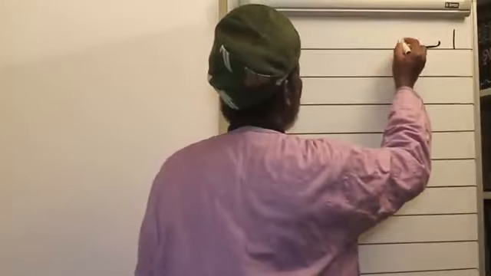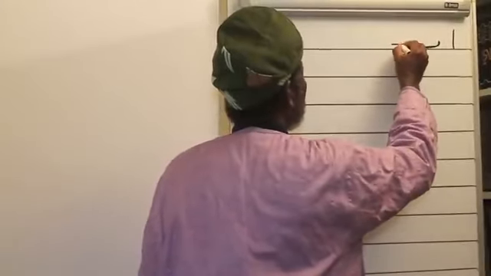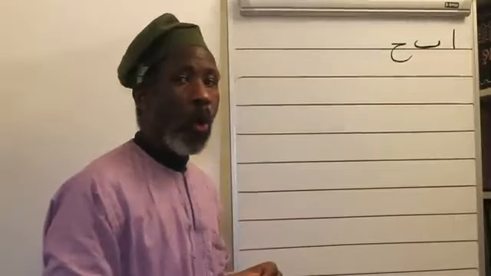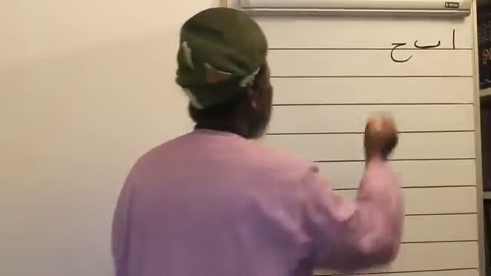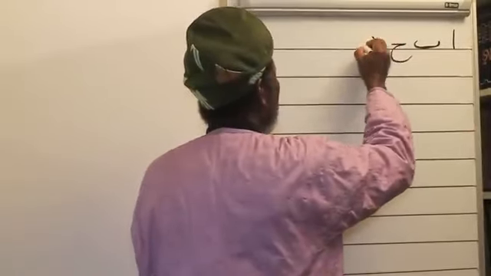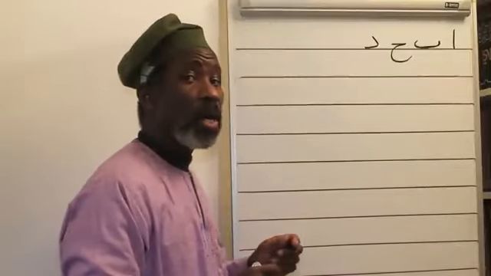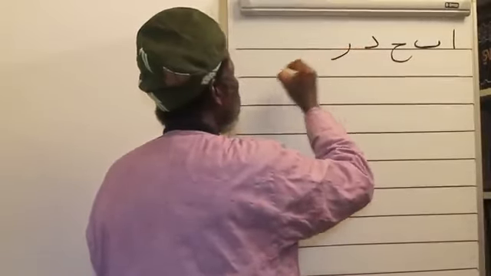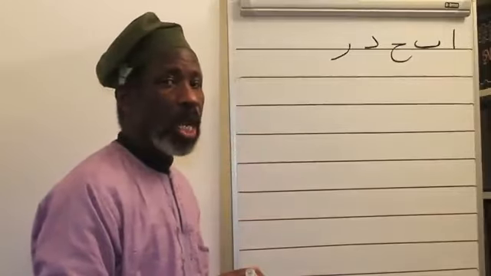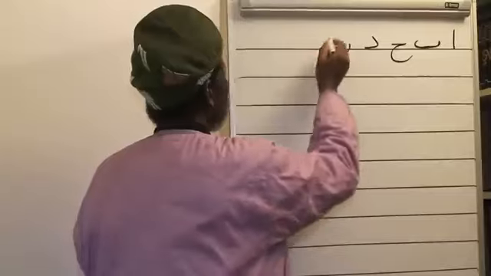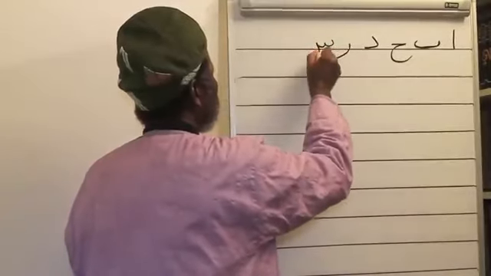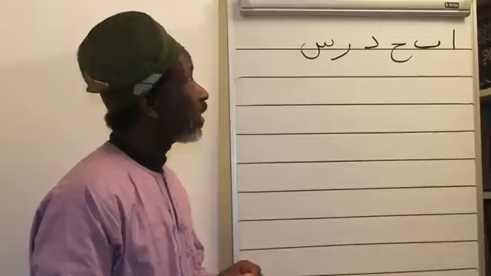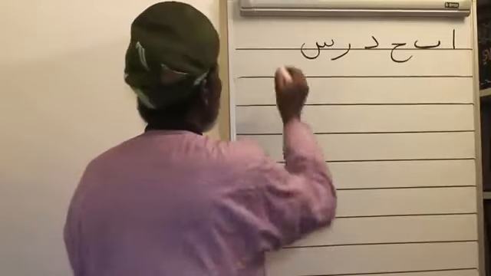Right, so that's the third shape. Number 4, after that, is this shape, which is the dal shape. Number 5, ra and za shape. Number 6, this shape, which is sin. And number 7 is this.